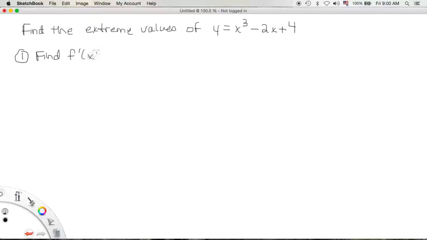So we just need to find the derivative to see where it's undefined and where it's equal to 0. So we'll write that. There's no endpoints to look at.